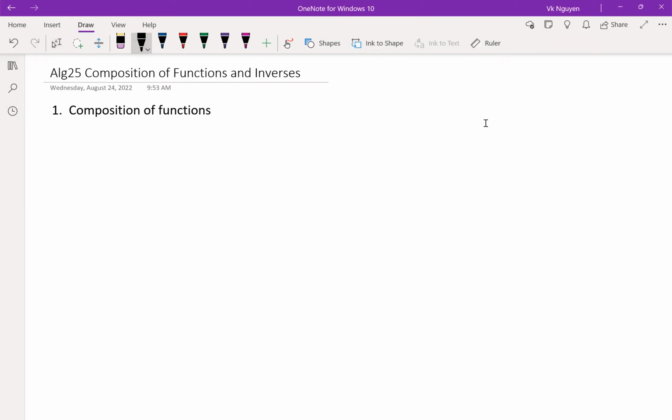This is what a composition of function is. F circle G, or F composed G, is defined as F of G. So composition is just substitution.